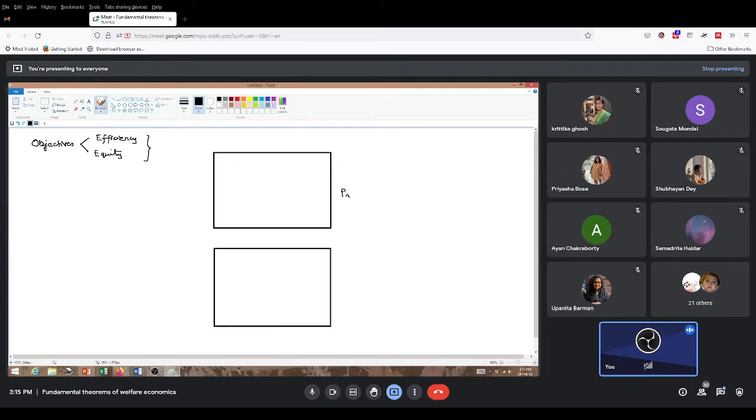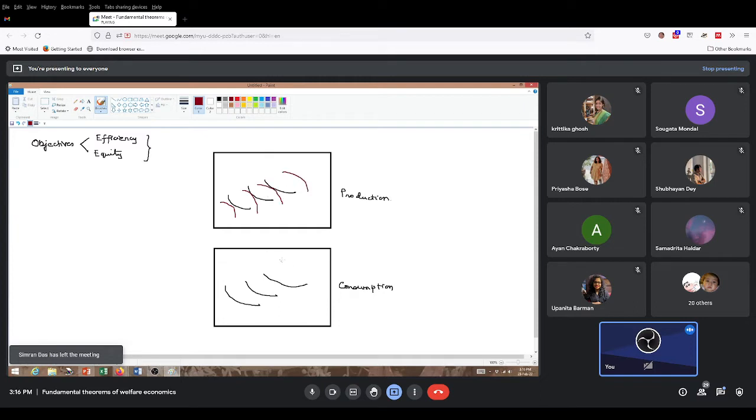So this is the production domain. We have the Edgeworth-Bowley box for production and we have the isoquants. This is the isoquant of E. On the other hand, this is the consumption domain and we have the utility levels of E. We also have these, the isoquants of the second firm.